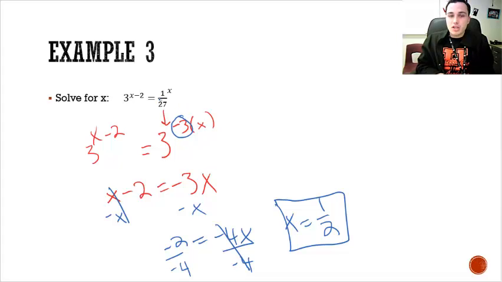So by changing this 1 over 27 to a 3 and giving it this exponent, it's still 1 over 27, but now it matches this base. And what I did is I multiplied this exponent times my other one here, the negative 3, and at that point, once bases match, you set exponents equal to each other, you solve. That's the main idea right there.